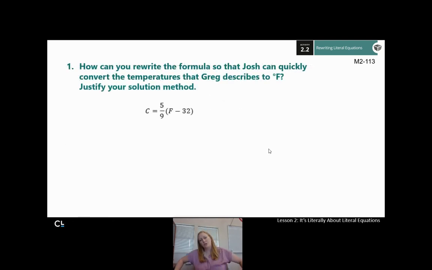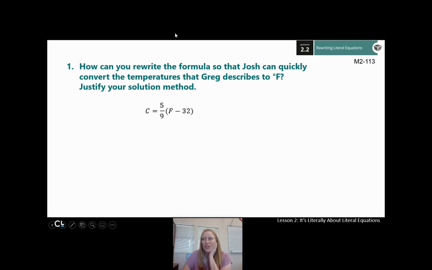Josh, though, can't use the formula as effectively, right? Because we need to figure out how Josh can rewrite this formula so that he can quickly convert the temperatures that Greg describes to degrees Fahrenheit. So Greg has a nice little C equals formula, but Josh wants his formula to be F equals.